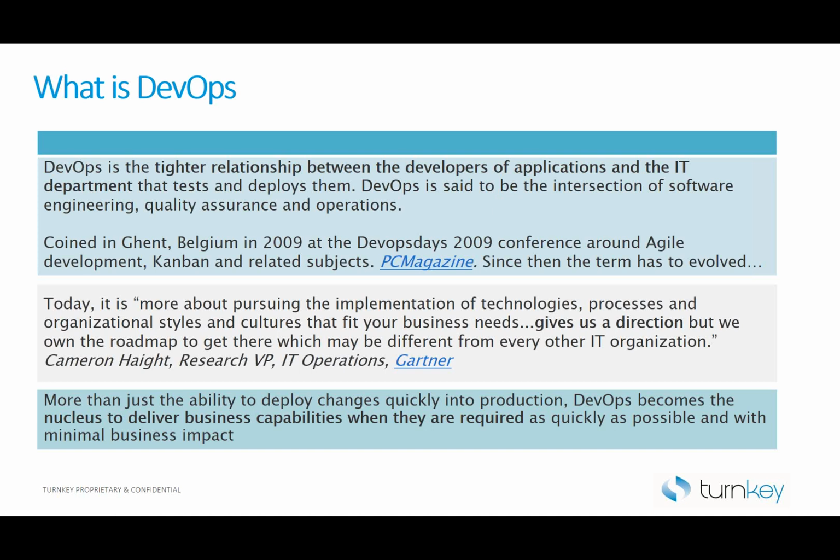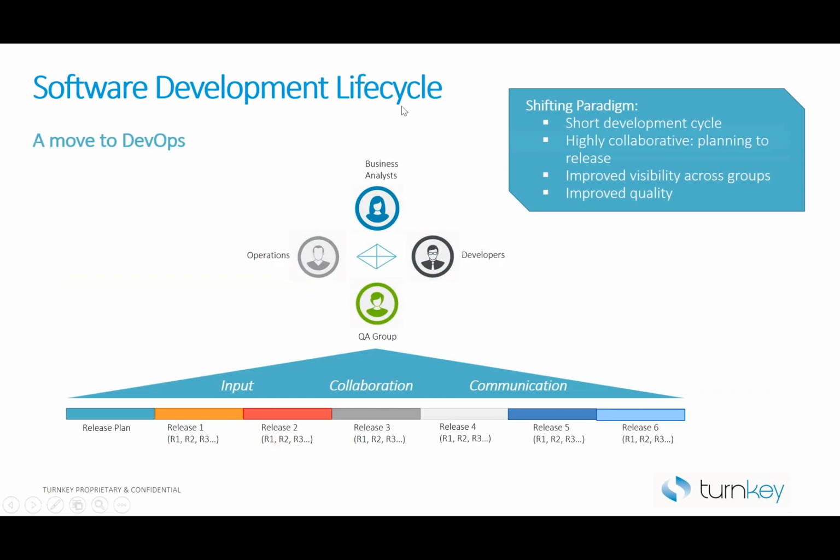First, with shorter development cycles or sprints. Next, teams need to become highly collaborative, breaking down any silos and barriers that will allow BAs, developers, QA, and operations to work together from the early planning stages all the way through to release and support. Then ultimately, giving greater visibility across all teams to the requirements and business process logic to be implemented.